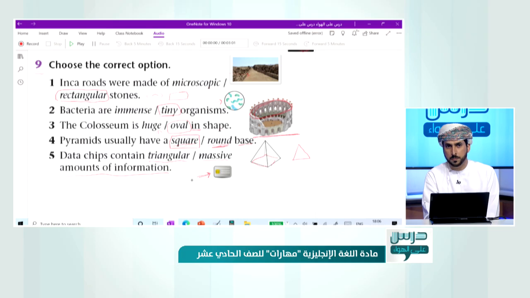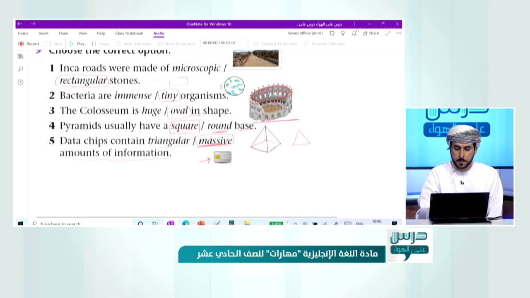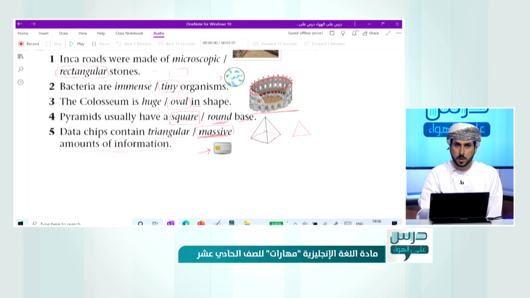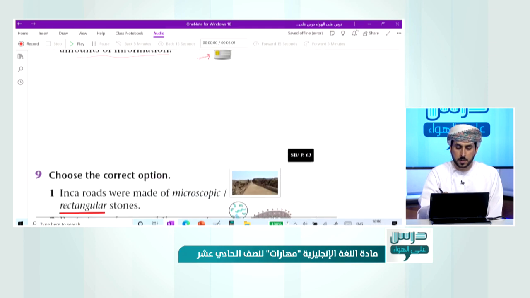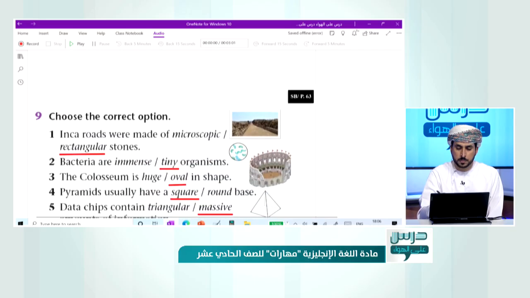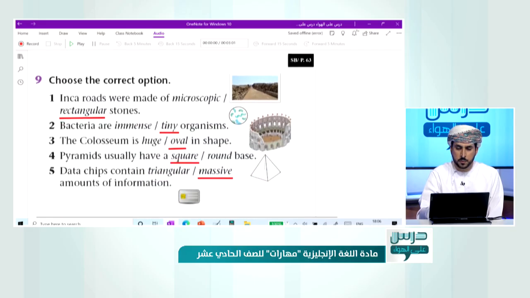No, we cannot. Here we are describing the amount of the information, and we are using the adjective massive. It means lots of information, or a big amount of information. So let's move on. Here we have the answer of the question.